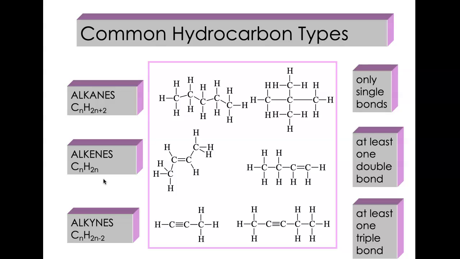Every carbon has 4 bonds. The alkenes are a little different because there's at least 1 double bond in the alkenes. And so they take the formula where whatever your number of carbon is, you have twice as many hydrogens as that. And then we have the alkynes where there's at least 1 triple bond.